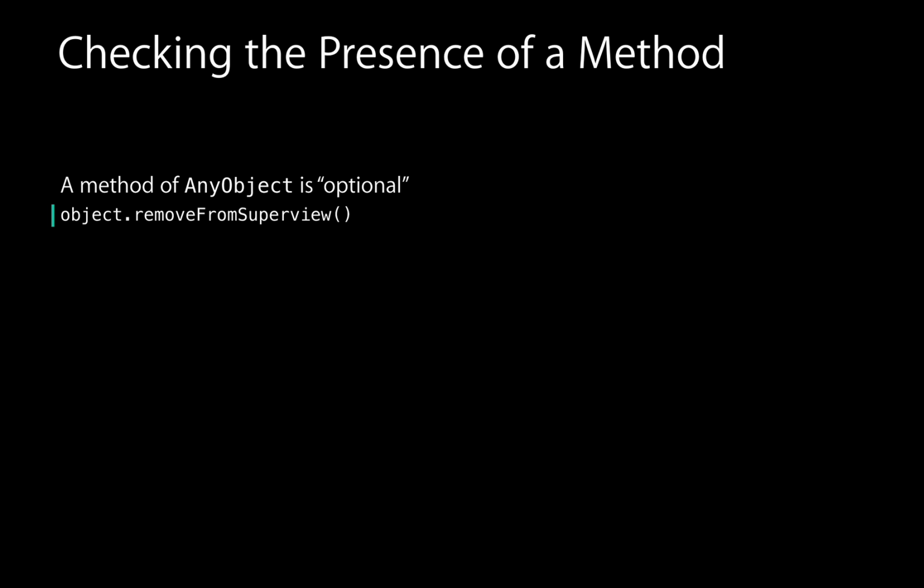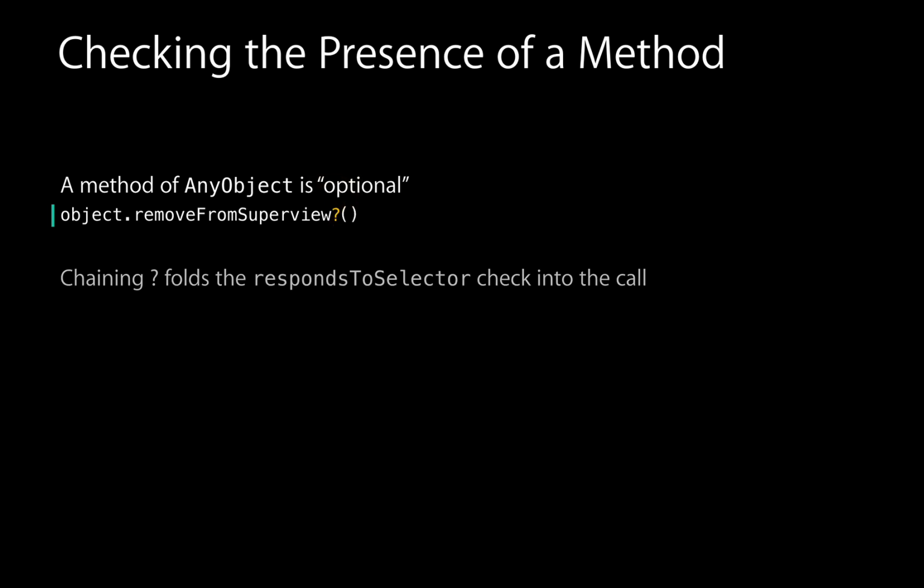And so the reference to removeFromSuperview on object is in effect optional. That means we can use the optional chaining operator here. What we're doing, of course, is we're folding the respondsToSelector check in. So we do the reference, go look for removeFromSuperview. If it's there, go on, call it. If it's not there, stop evaluating this expression, we're done.